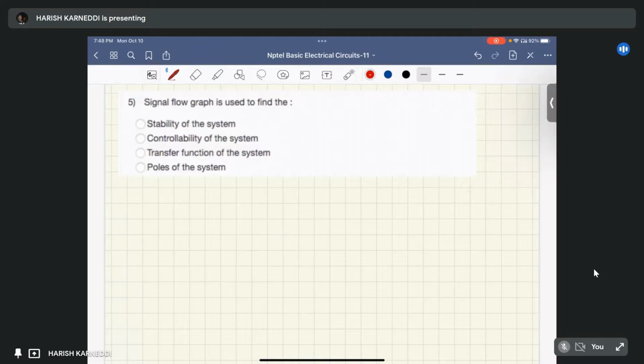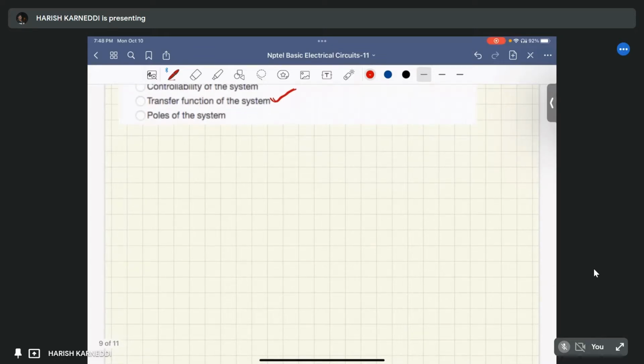The signal flow graph is almost similar to the block diagram. We are going to represent the block diagram in terms of the signal flow graph. The option is: it is used to find the transfer function of the system.